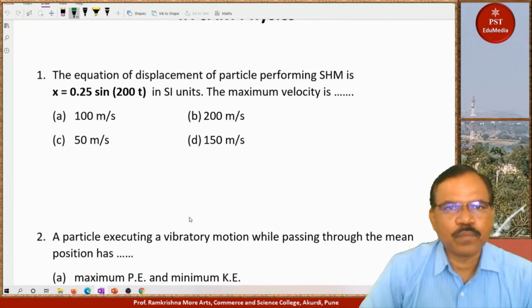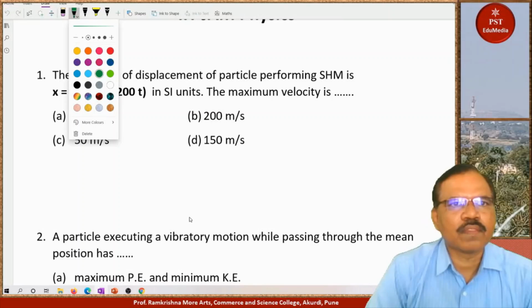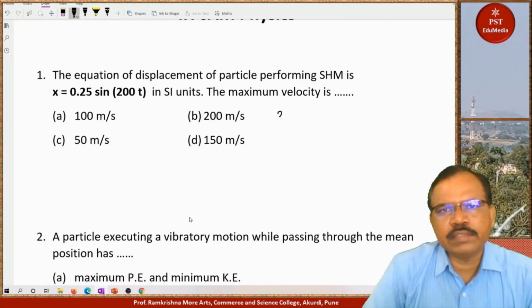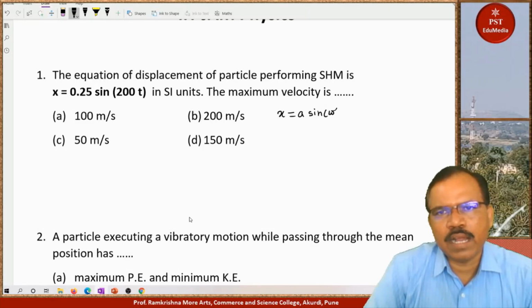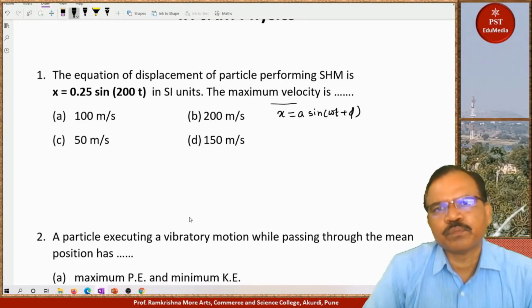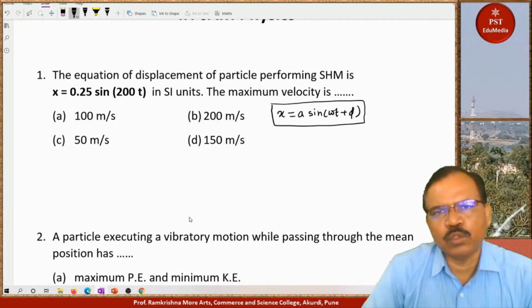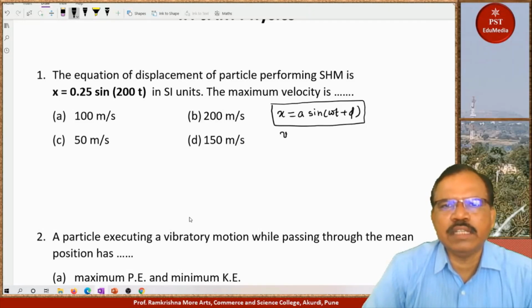Now we know here, x is equal to a sine omega t plus phi. This is the general equation of simple harmonic motion. And what is velocity?